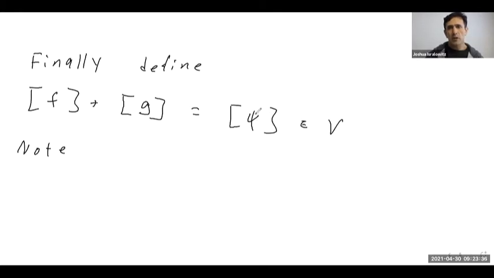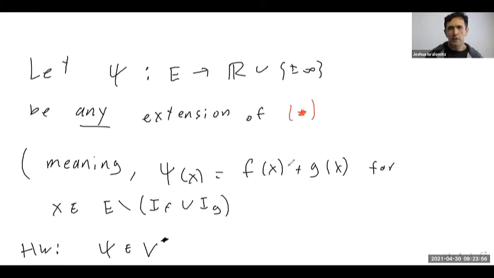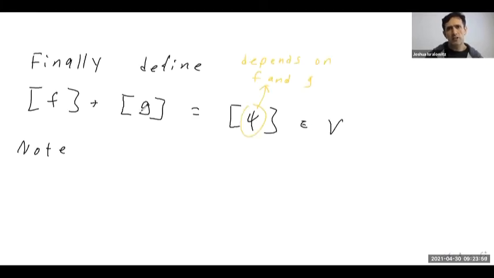Well, this psi here obviously depends on F and G. That's how we constructed it. We took F plus G. So take the class generated by F, the class generated by G. We're taking these two functions F and G and forming this function here. So this depends on F and G, and unless this is independent of the representative chosen, this doesn't make sense. So we need to check that.